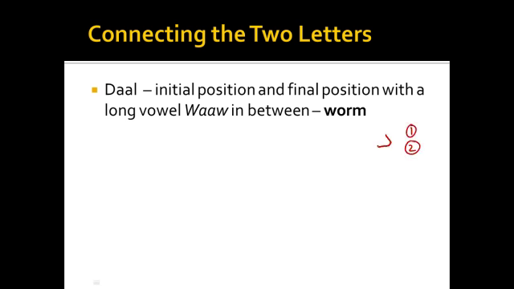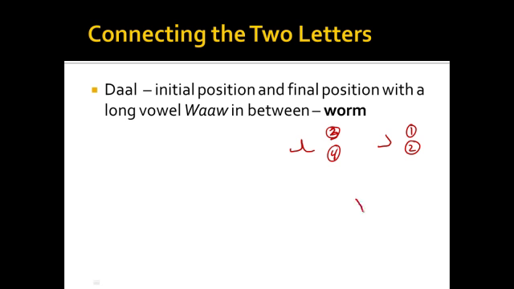The Daal looks like this, and in the medial position and in the final position, the Daal looks like this. Now, in the word that we had at the beginning on our objective slide, we had the word for worm, which is dood. So you hear the Daal at the beginning. So that's the initial position.